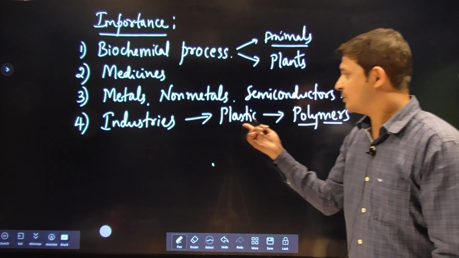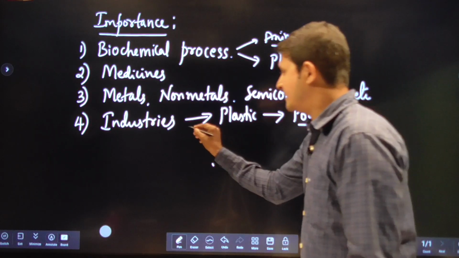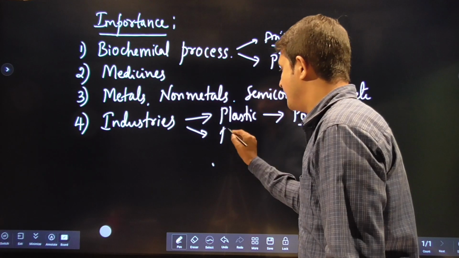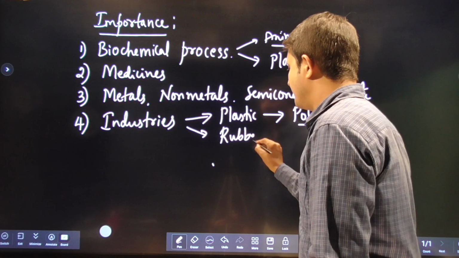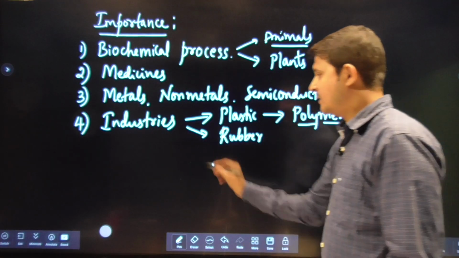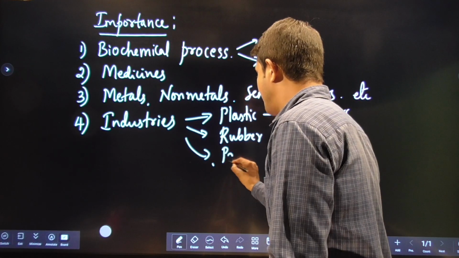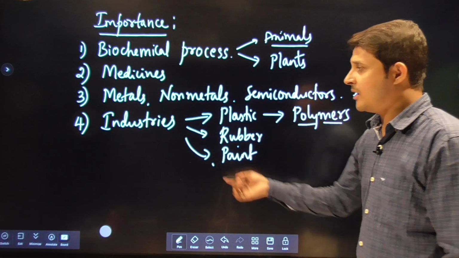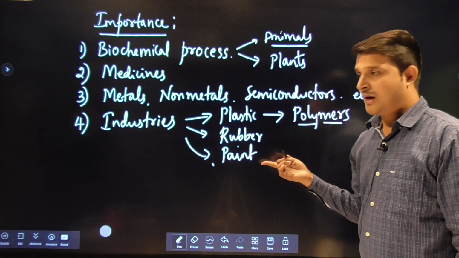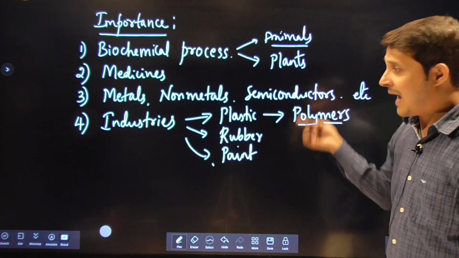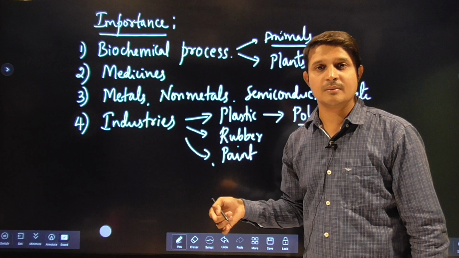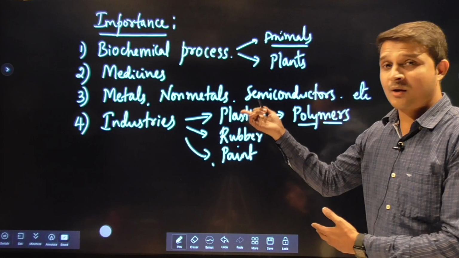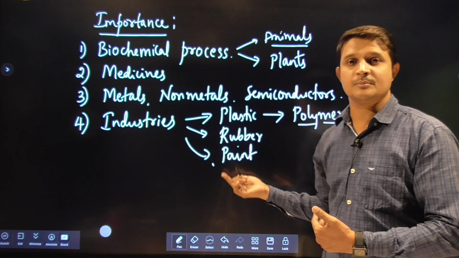The industries may be the rubber industry, or they may be the paint industry, or varnishes. They all are industries associated with chemistry, and they should have knowledge of it, without which we cannot prepare any of these substances.